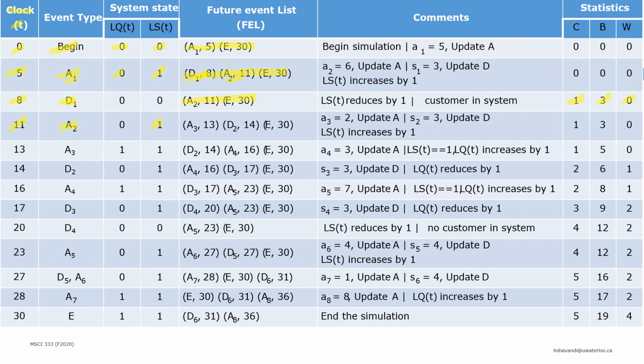The next arrival, A3, at time 13, and since we have an activity here, the service time, we need to generate the event of the end of this activity. The departure of the second customer will be at time 14 based on its service time, and E30. The cumulative completed services is still 1, the cumulative server uptime is still 3, and the waiting time is still 0.